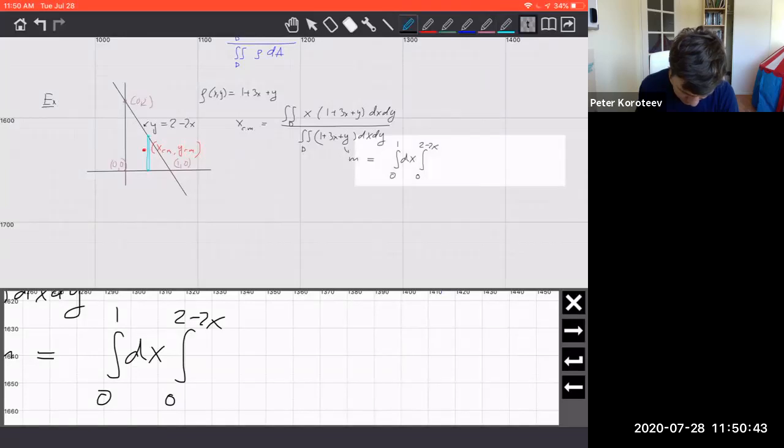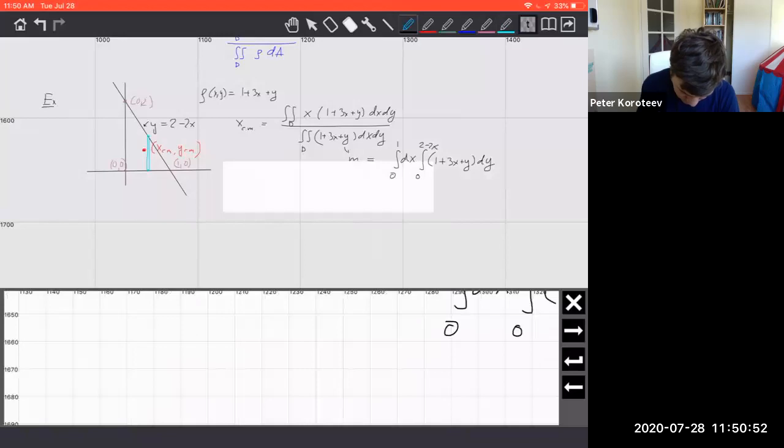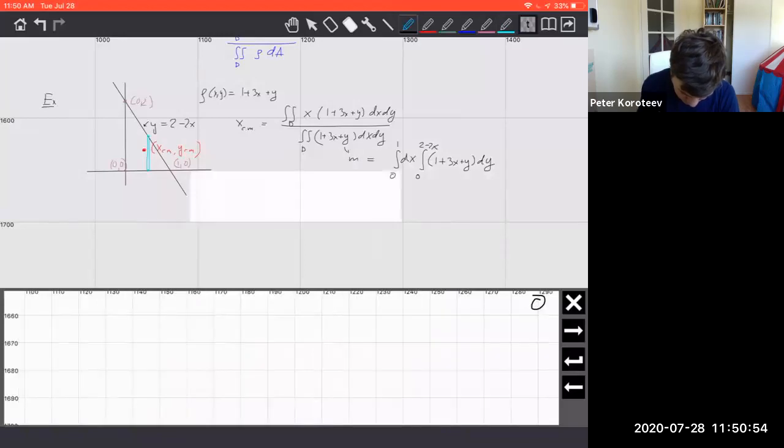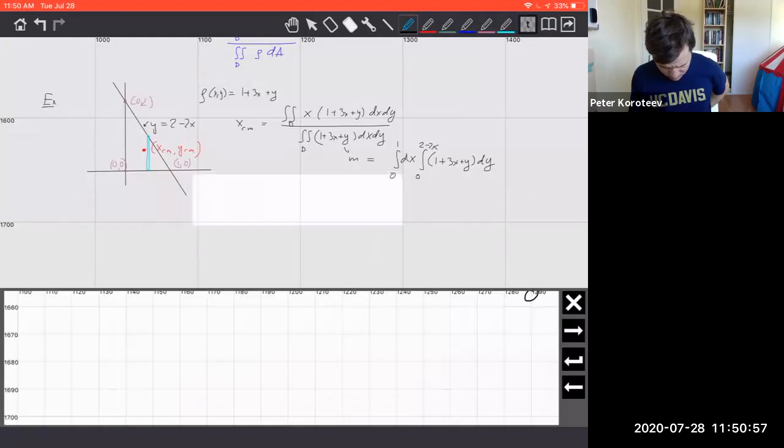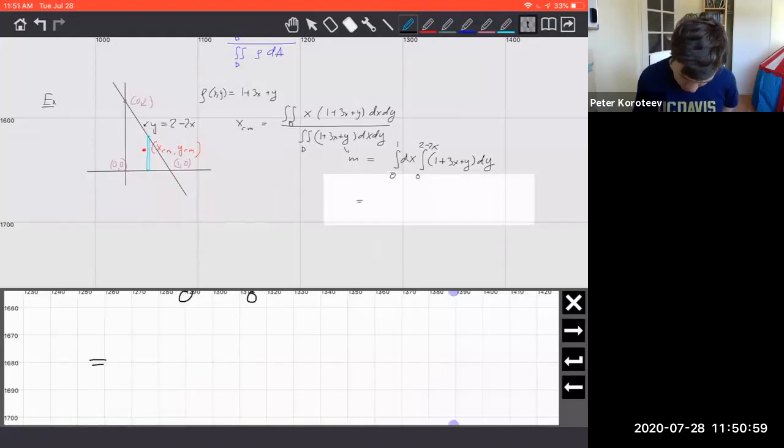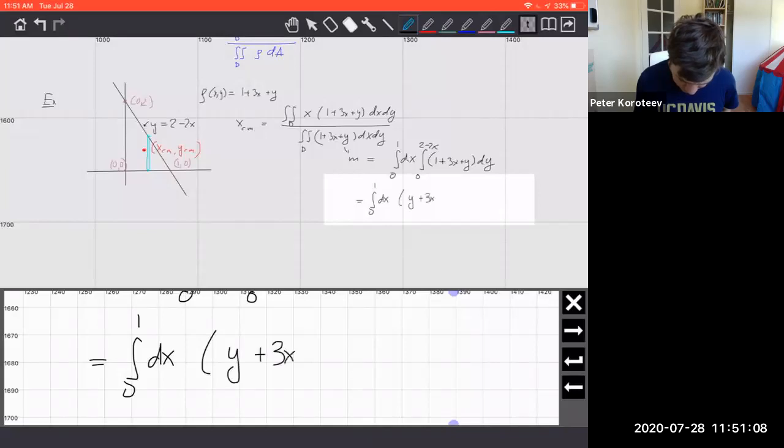Then we just integrate the function 1 plus 3x plus y dy, which in turn equals y plus 3x y plus y squared over 2, between 0 and 2 minus 2x.